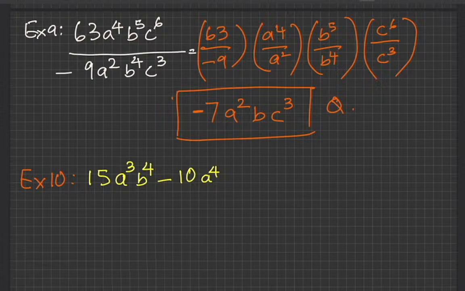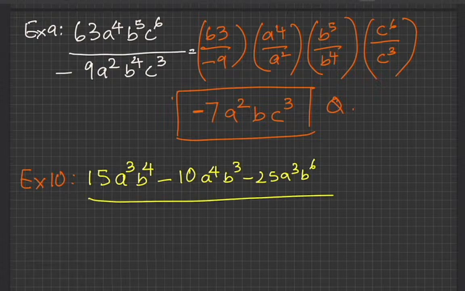So 15 a to the power 3 b to the power 4 minus 10 a to the power 4 b to the power 3 minus 25 a to the power 3 b to the power 6, divided by negative 5 a to the power 3 b to the power 2.